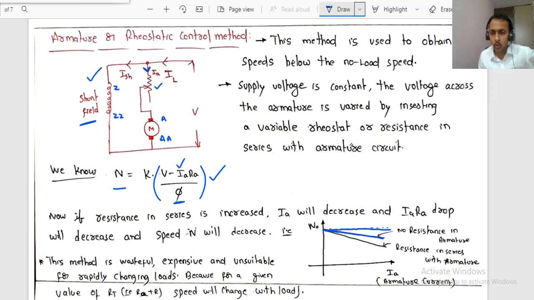By adding some resistance, slowly the speed is getting down, right? Here, this method is a wasteful or expensive method, because when the loads are changing, obviously the amount of current drawn by this also will change, and this is not suitable for rapidly changing loads, right?